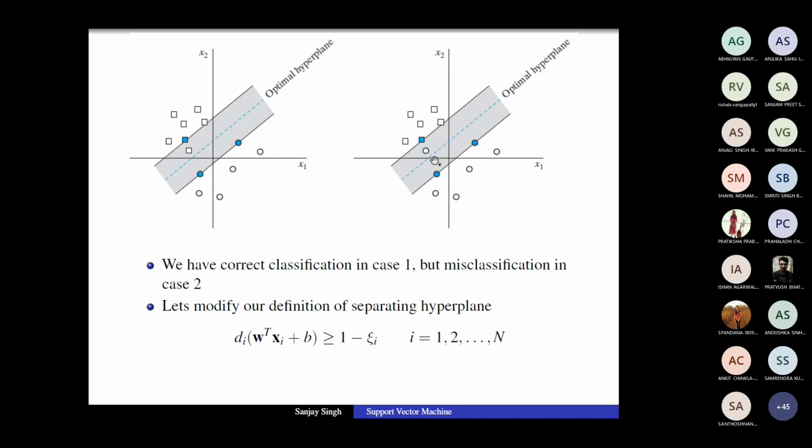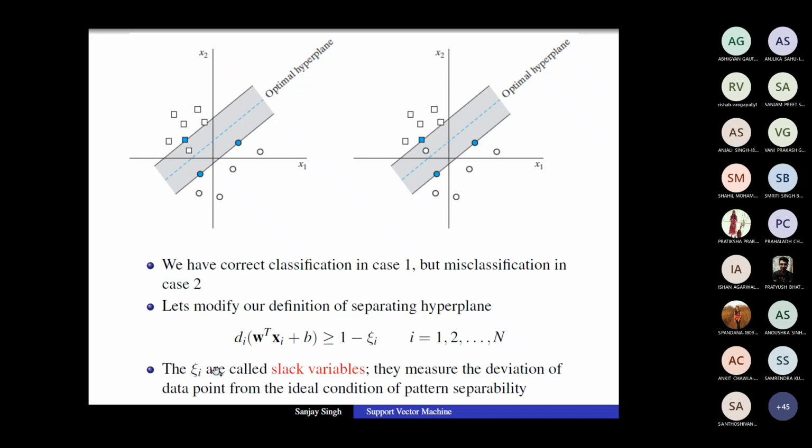This is measured by a variable called a slack variable. This distance, from this dotted line to this solid line, is 1 from either side. Since the point is beyond this, it is deviated, so this should be subtracted. This symbol is called xi.